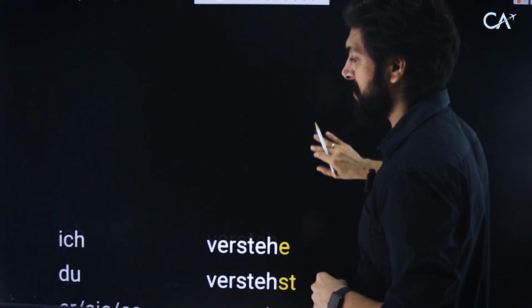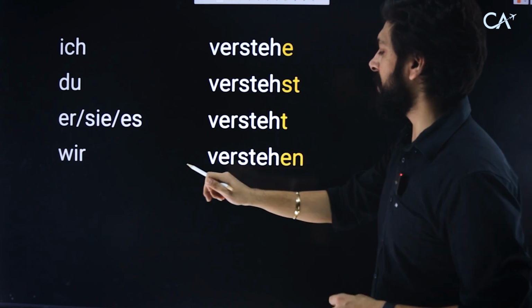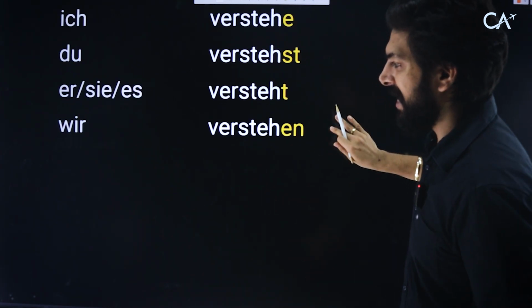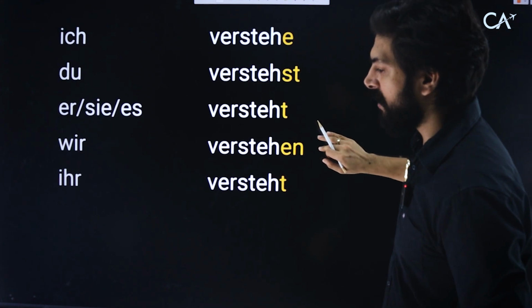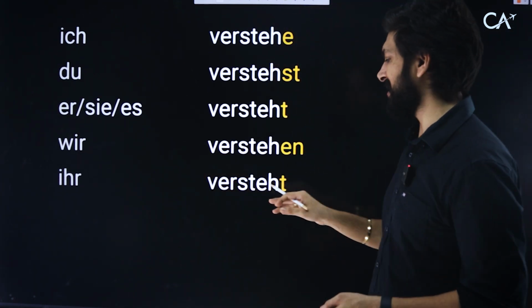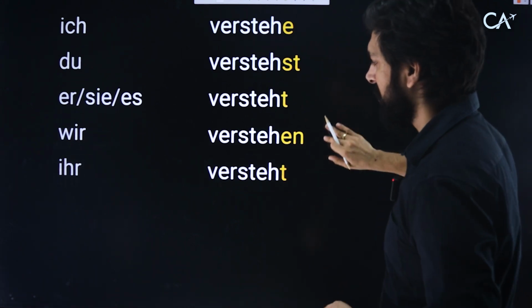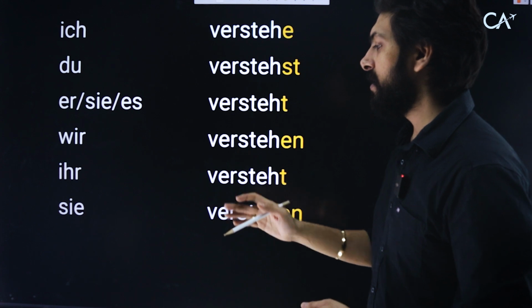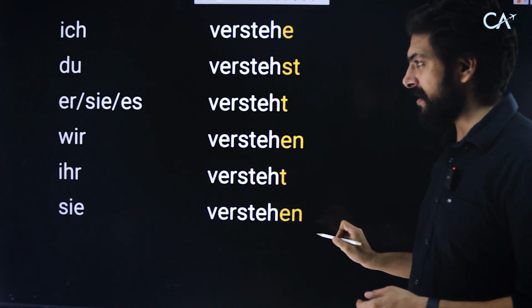Let's see if you can remember. Wir verstehen, no change whatsoever, e-s-t-t-e-n. And then we move on to the next one, that is ihr, informal plural you, and that is versteht, same as sie, es. And last or second last is sie, that is they, which is verstehen.